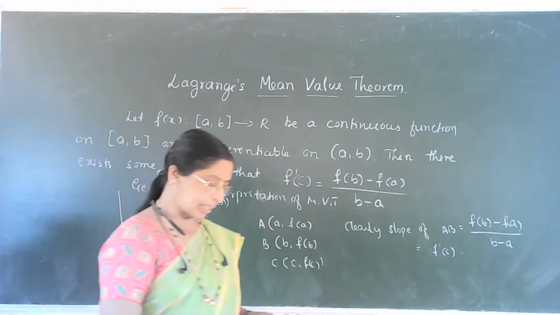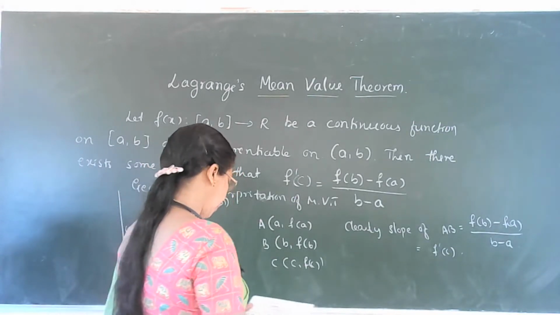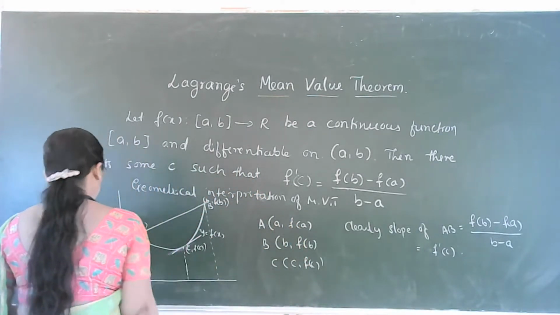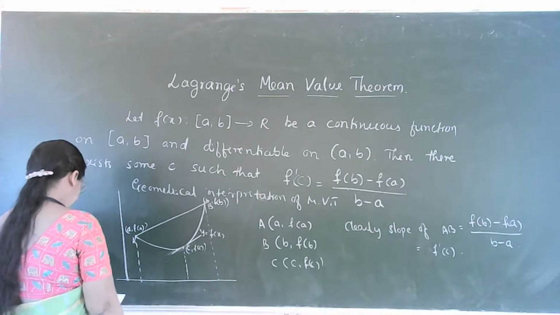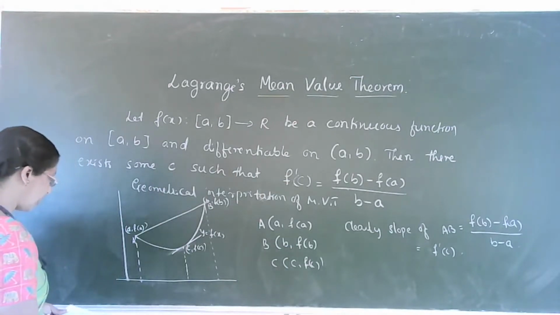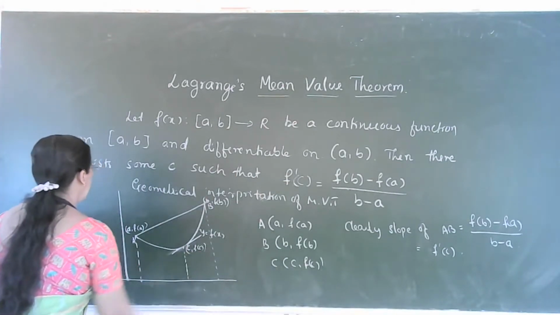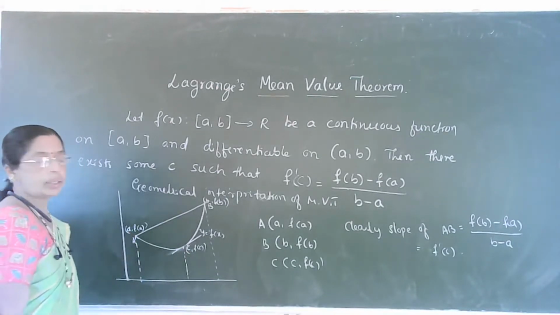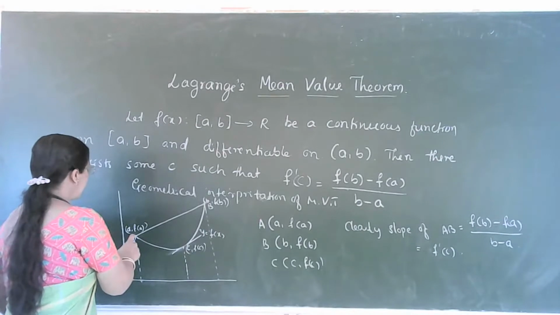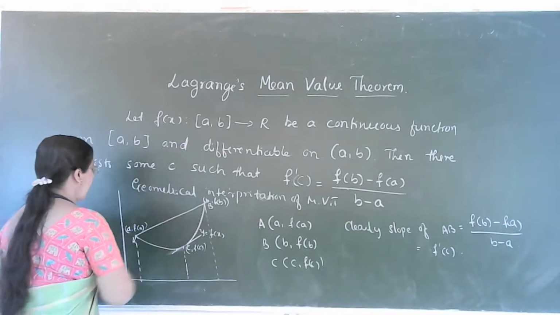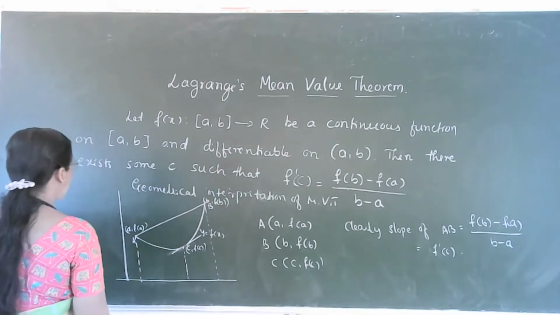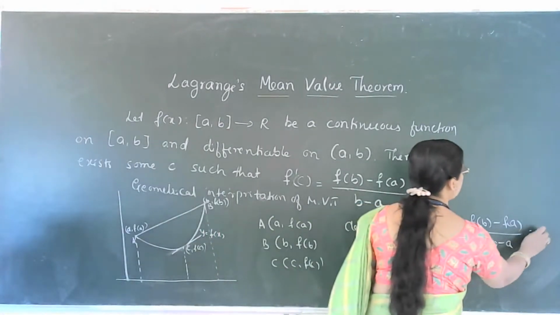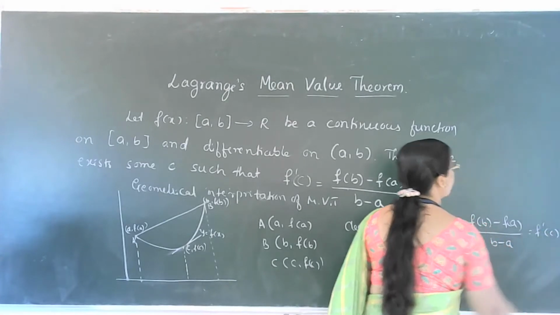Therefore, the mean value theorem states that at the point c in a b, the slope of the tangent at c, f of c, is the same as the slope of the chord through A and B, so they are parallel and the slopes are equal.